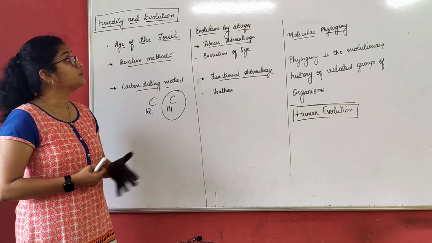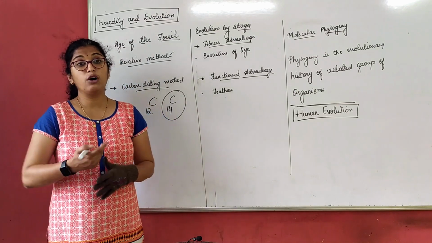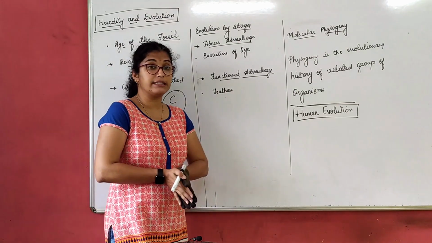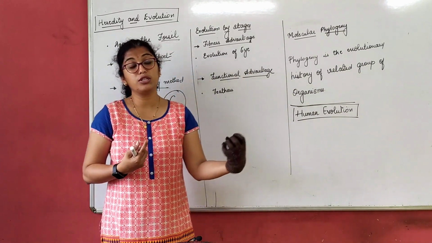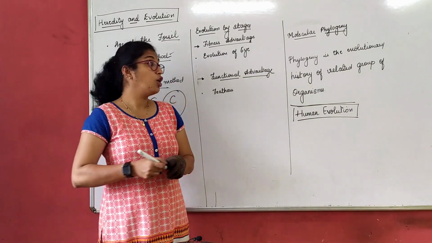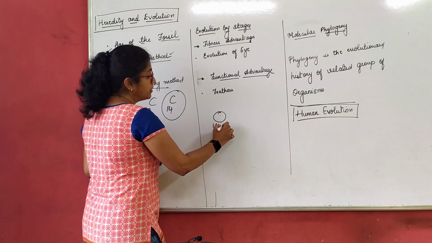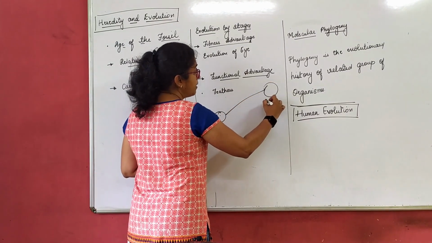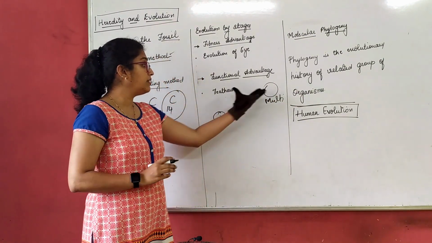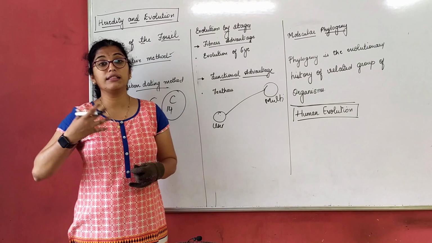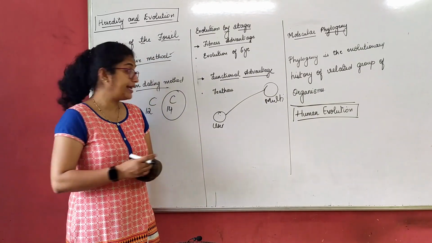Now next we will move on to evolution by stages. When we talk about evolution by stages, it is not that an organism evolved from a unicellular organism to a multicellular organism and so the multicellular organism possesses all the properties or features, or the best ones, right?